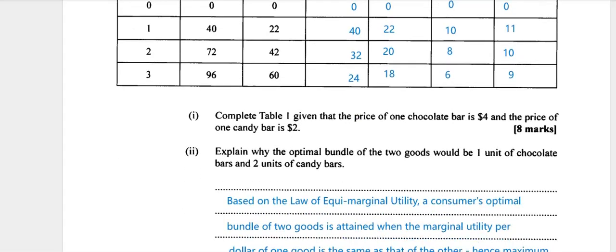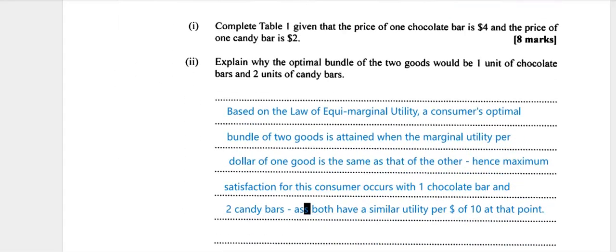So based on the law of equi-marginal utility, a consumer's optimal bundle of two goods is attained when the marginal utility per dollar of one good is the same as the marginal utility per dollar of the other good.